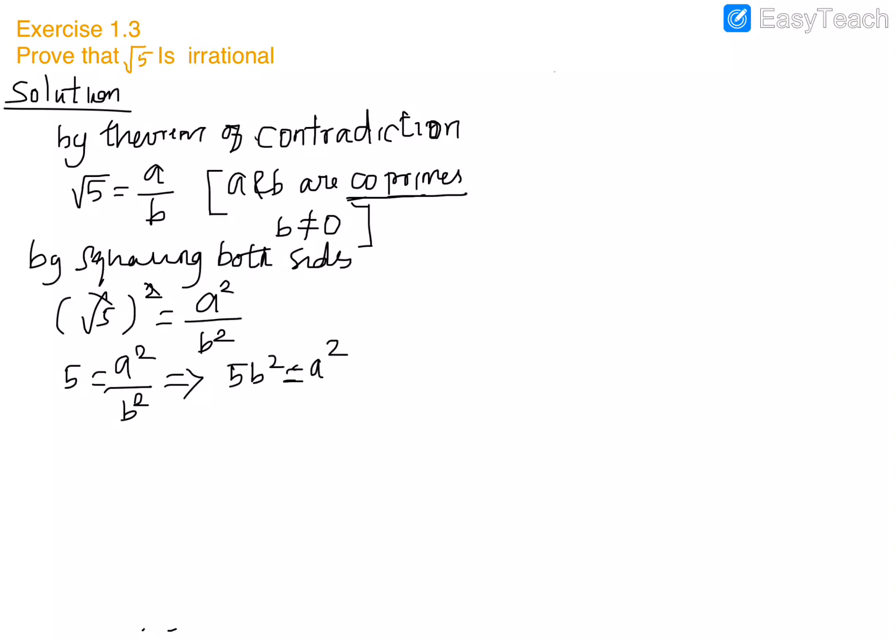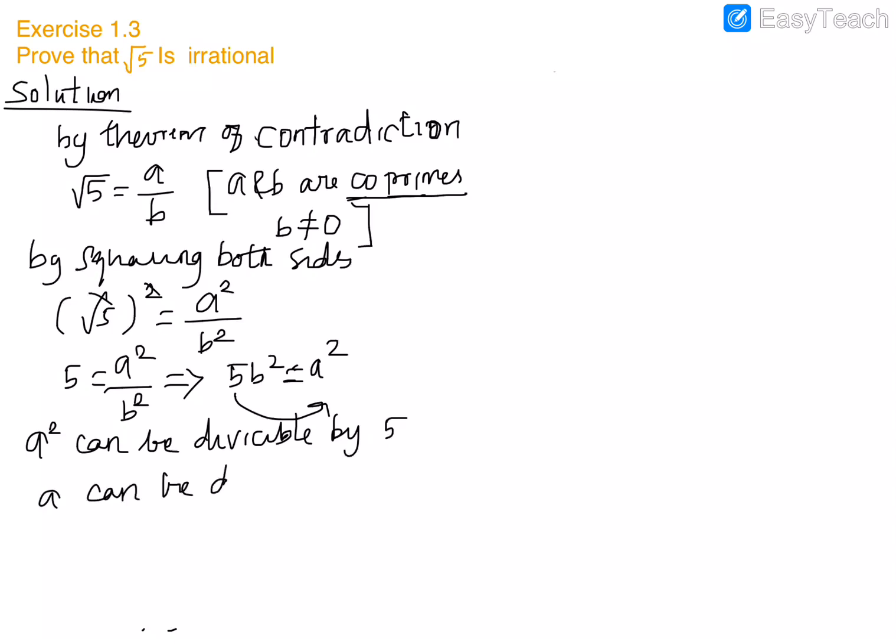From this step, a square is divisible by 5. Obviously, if 5 comes to this side, a square by 5. So a is also divisible by 5.